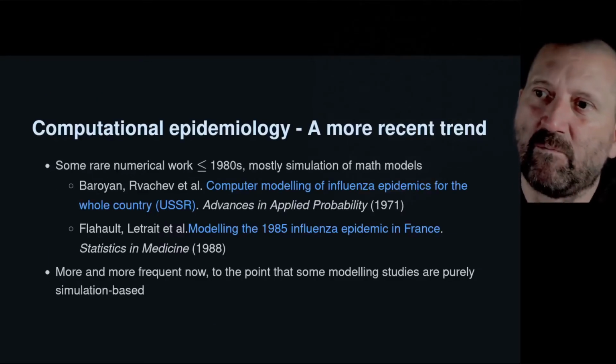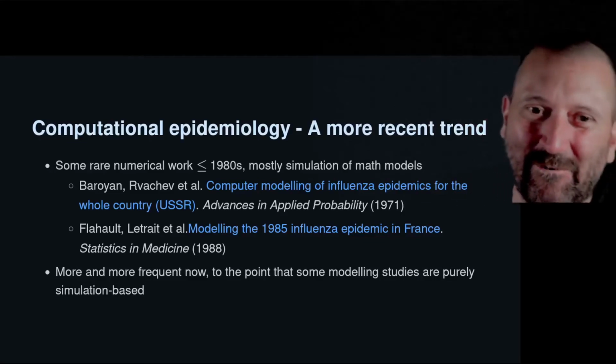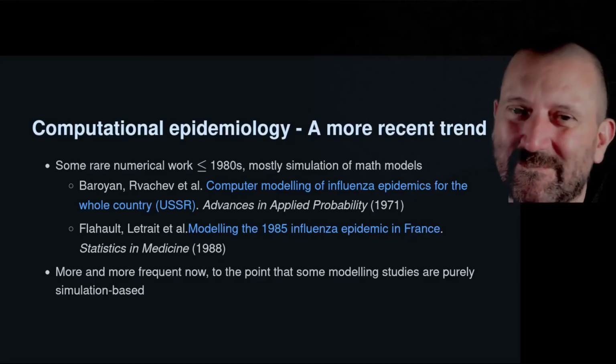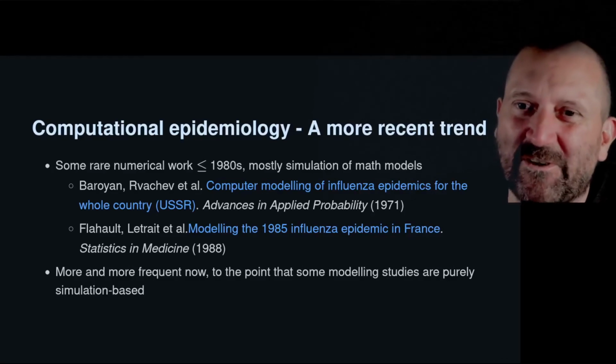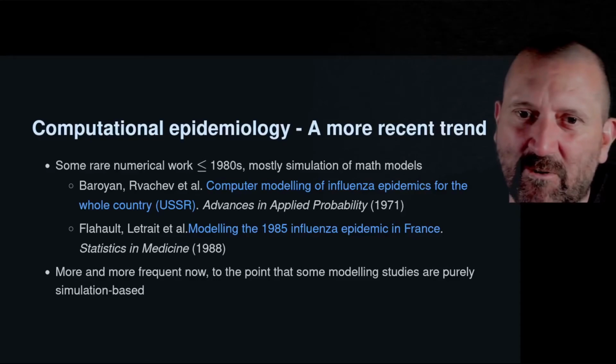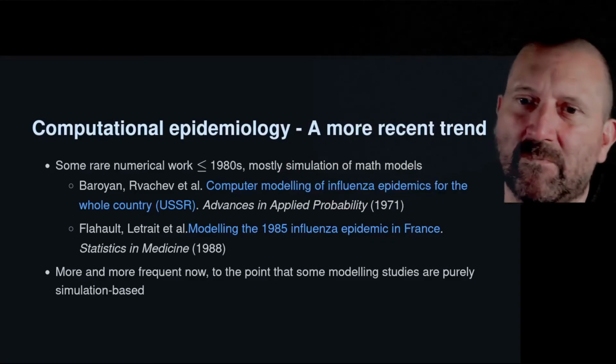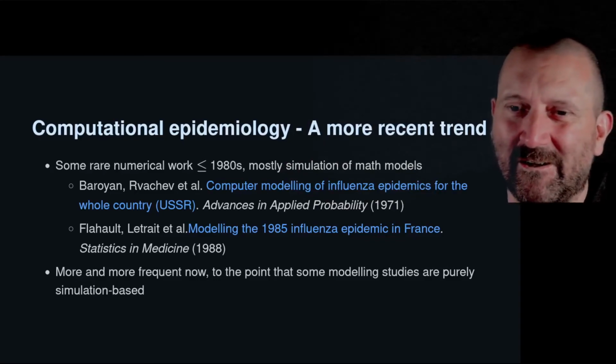Now, more recently than Bernoulli and others, there are models in computational epidemiology, and I would say that's a more recent trend. There's that paper of Baroyan and Rvachev that I mentioned before, and a follow-up to that paper was a computer modeling of influenza.